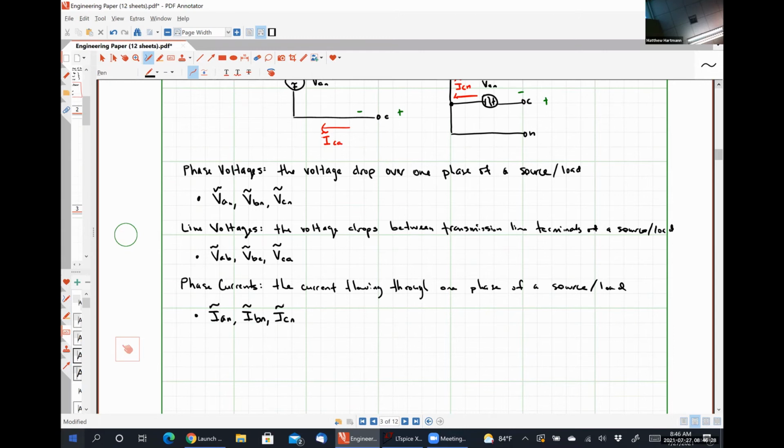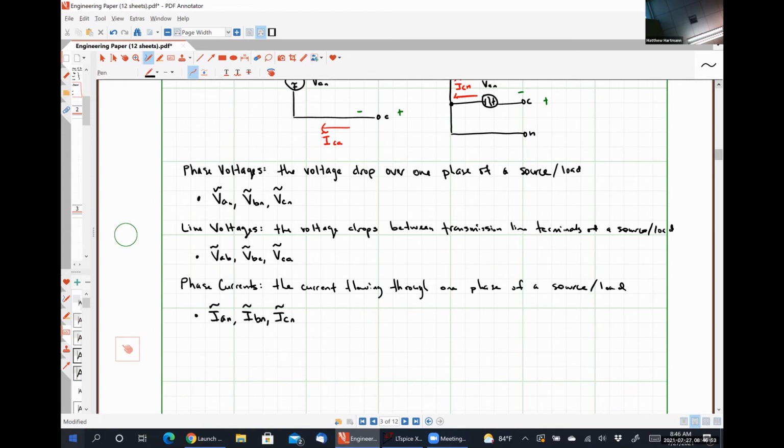So effectively without the other two-thirds of our three-phase system, the line currents do not exist. So we're going to kick our next lecture off analyzing a full system, and that's where I will fully introduce the concept of a line current.